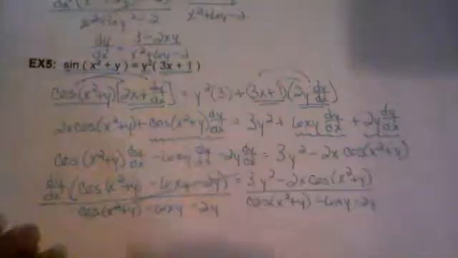So all of those are gone, and I have my answer. dy dx equals this rational expression here. We've got 3y squared minus 2x cosine of x squared plus y over cosine of x squared plus y minus 6xy minus 2y.